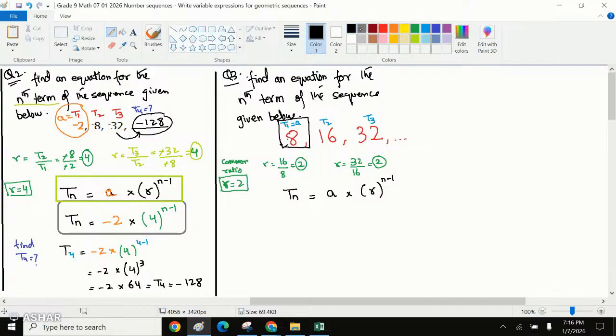So can we say the nth term Tn, we have the value of A, that was 8, multiplied by the ratio, and the ratio given was 2. We do not have the value of n, right? So we just leave it n minus 1. So this is the expression, or the equation, that represents the nth term. Nth term could be any term.